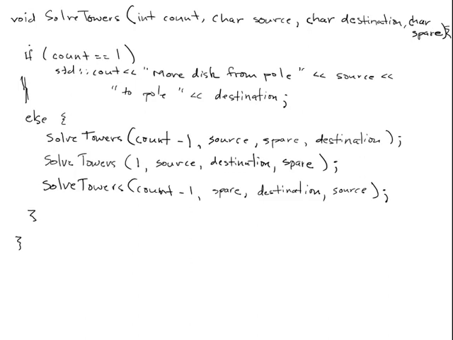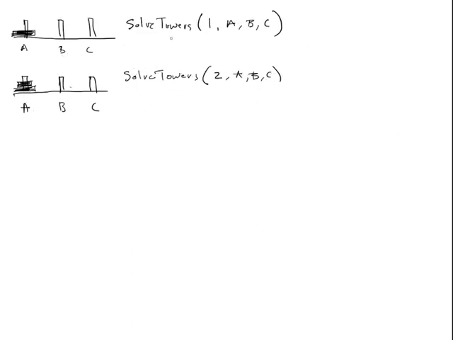All right. So over here, what we have is we get this call, solve towers, and we get 1. We get A is our source, C is our destination, and B is our spare. And let's see if that actually looks like what happens.